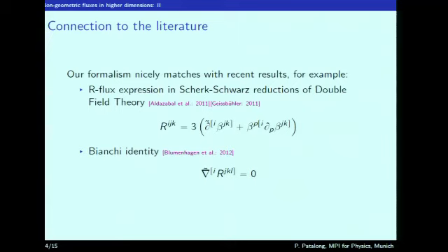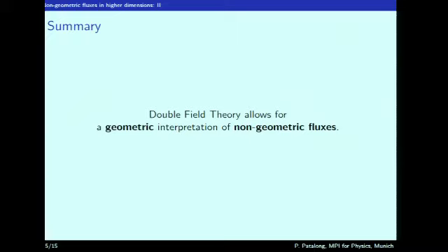And also some of the Bianchi identities Ralph mentioned yesterday, you can reproduce, for example, by just taking the covariant derivative of the R flux. So to sum up, I want to emphasize that double field theory in some sense allows for a geometric interpretation of non-geometric fluxes.